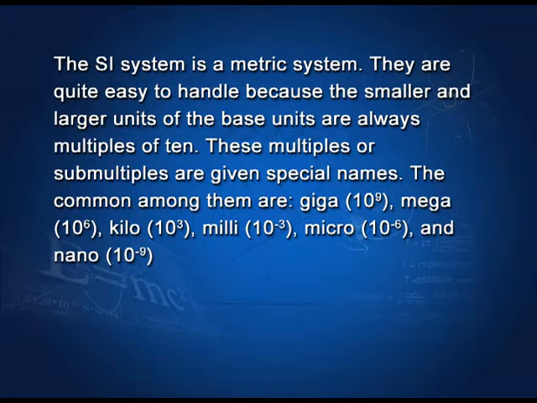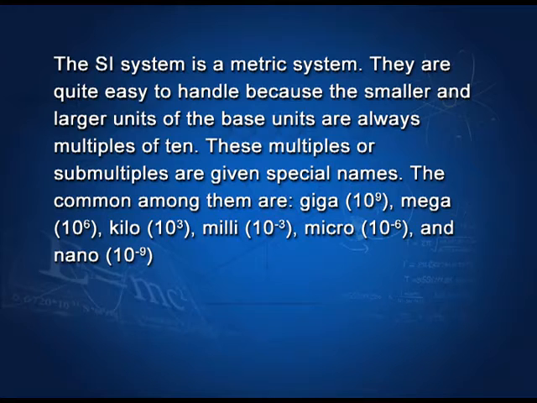Another advantage of the SI system is that it is a metric system. They are quite easy to handle because the smaller and larger units of the base units are always multiples of 10. Some multiples are given special names.